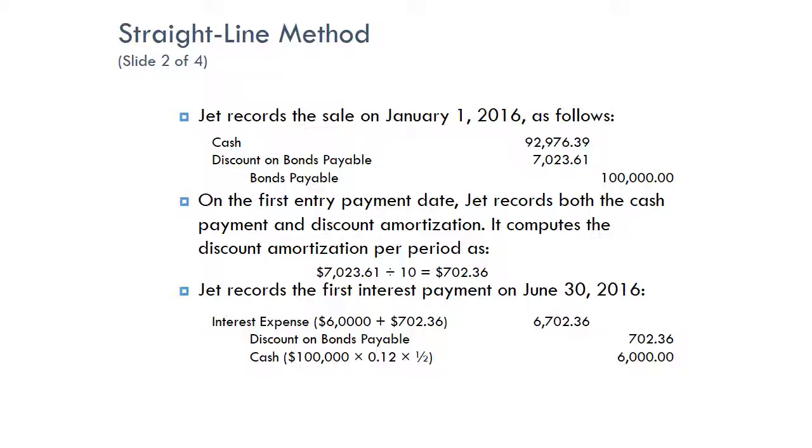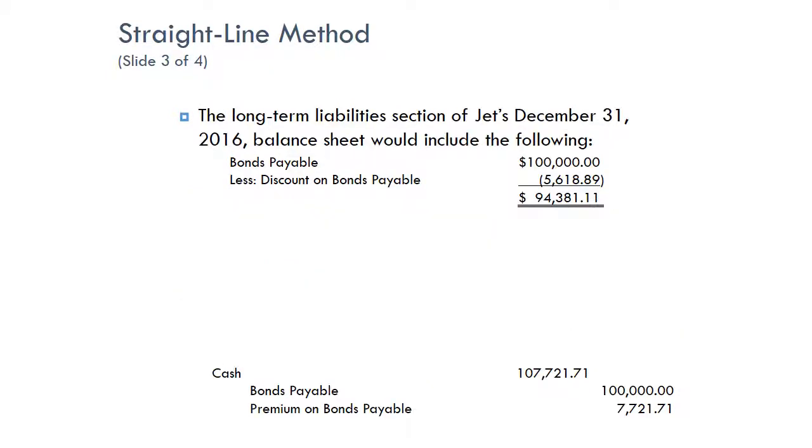So we would credit cash because we're still paying the cash out, but we would credit discount on bonds payable, $702.36, and then add those two together to get your interest expense. So our interest expense in this case is a plug. It's just the two amounts added together. So we wouldn't be doing any calculations on book value or anything like that.